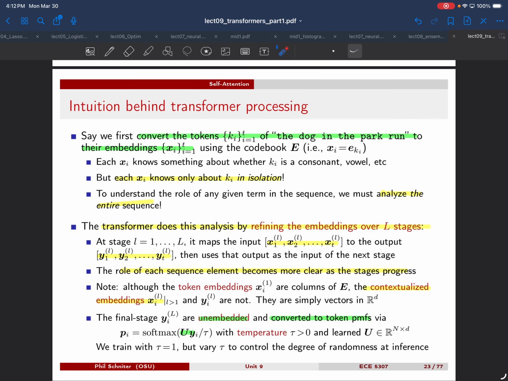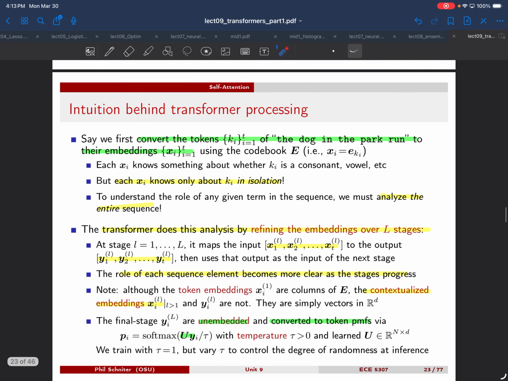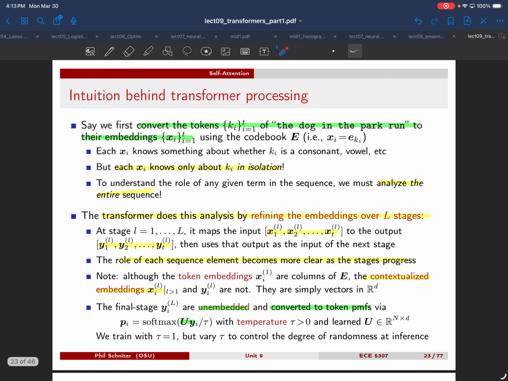And then the high-level idea about how transformers work is that they receive this sequence of embeddings, and then they process this entire sequence over several iterations. And at every iteration, they try to make more sense of all the different embeddings within the original sequence.